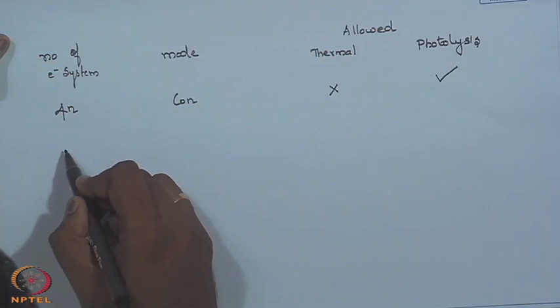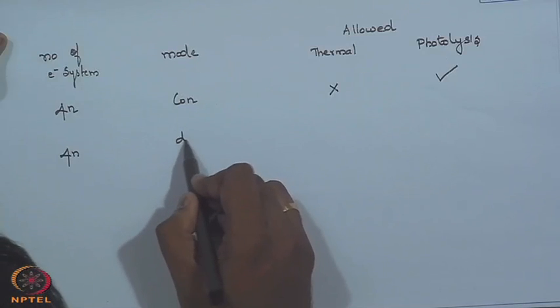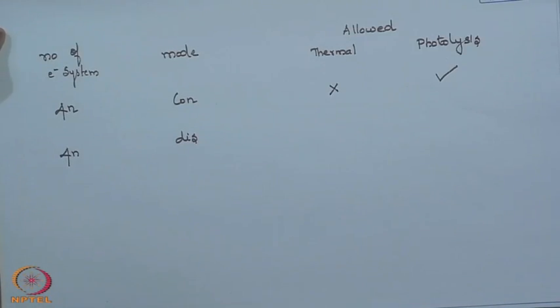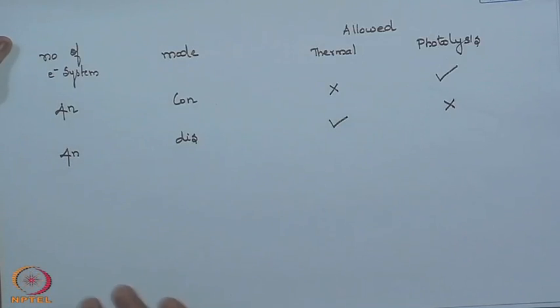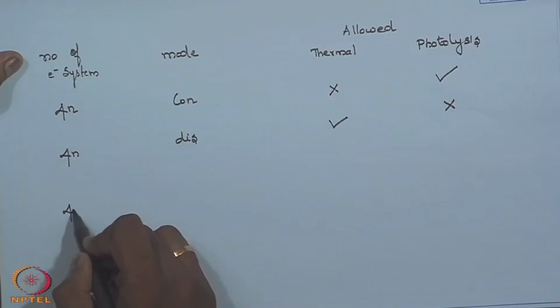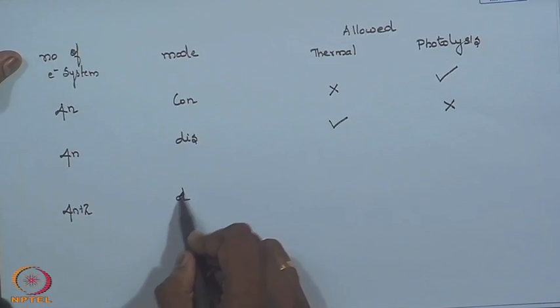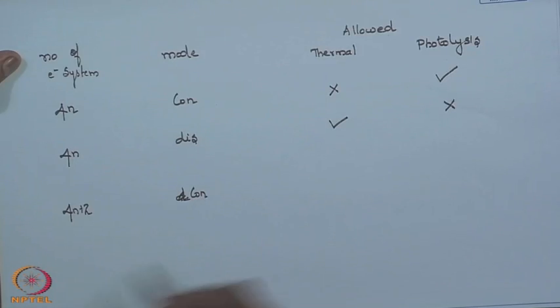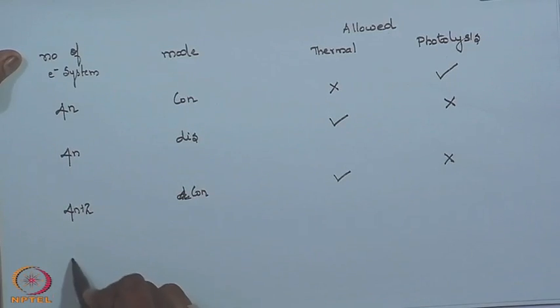Okay. For that is 4n, but for this it should be the other way round, just the opposite of your ring closure. For your 4n plus 2 system, sorry, the con should be allowed in heating, photolysis not, for 4n plus 2.